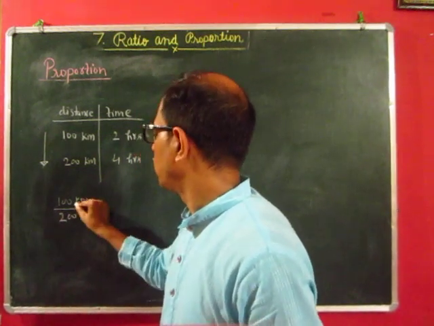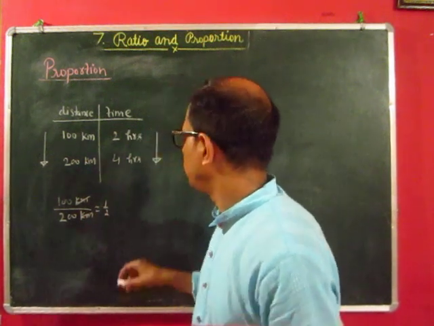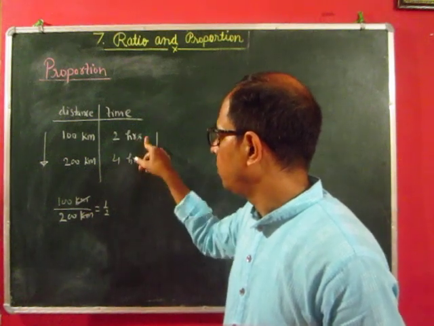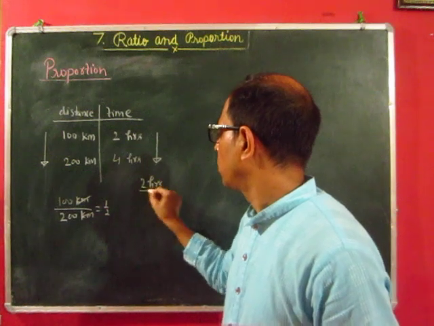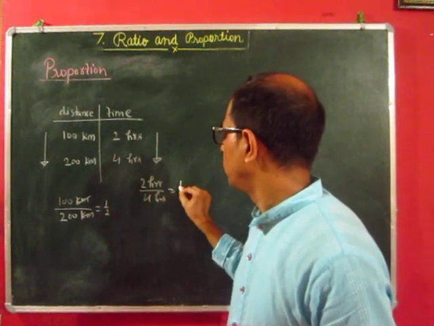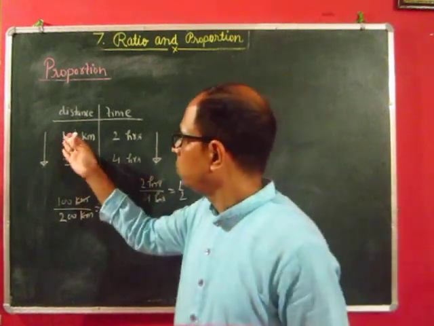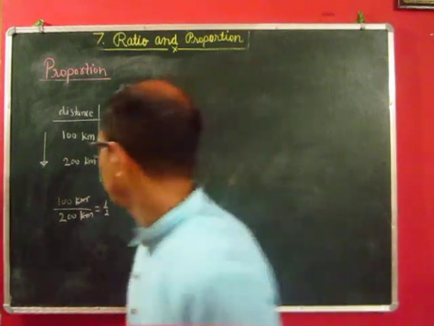So kilometer cancels, it will be 1 by 2, and the ratio of these two times is 2 hours by 4 hours. So it is equal to 1 by 2. Hours cancel.